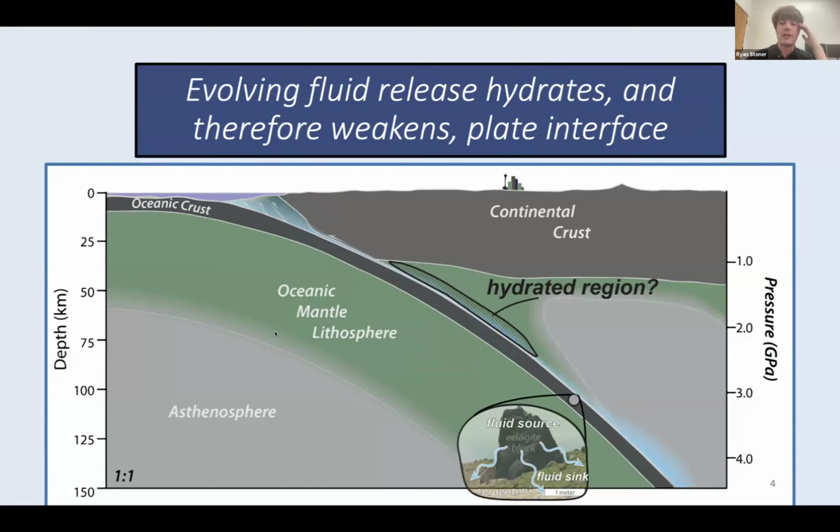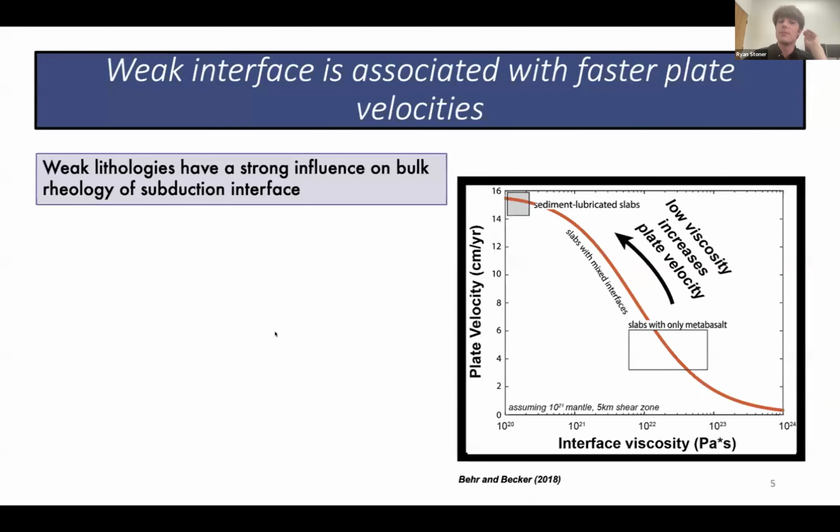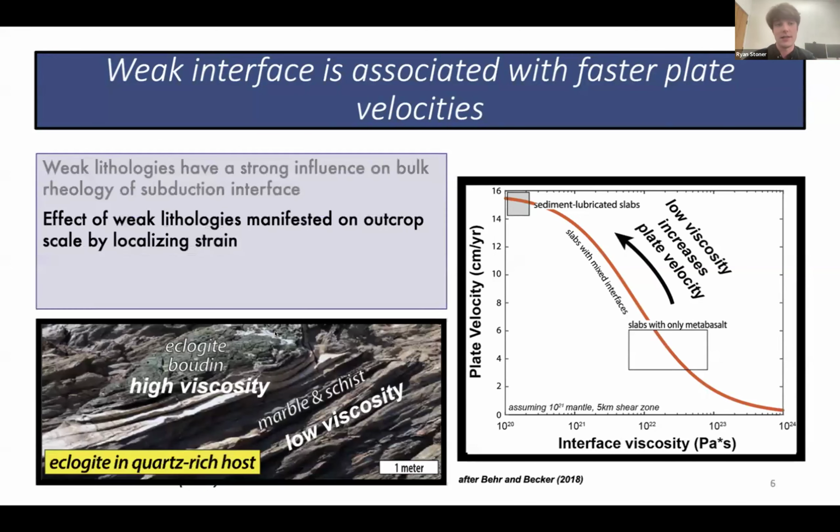So a lot of what we've been focusing on has been what is happening at the plate interface. There's been some research on what's happening at the plate interface, sort of focusing on viscosities at the interface. And there was this previous study by Behr and Becker that focused on the lubricating influence that sediment, which is thought to be weak based on experimental studies, might have on the interface, that can lower the interface viscosity and then reduce the shear stress along the interface and then potentially increase the plate velocities.